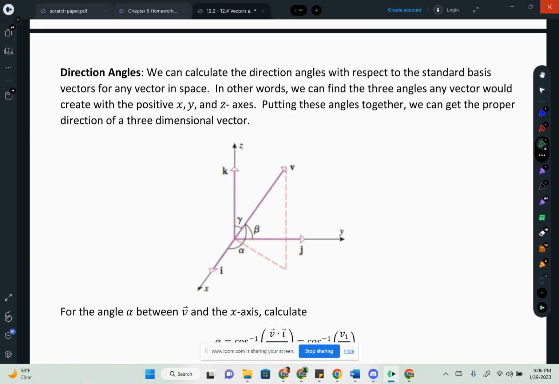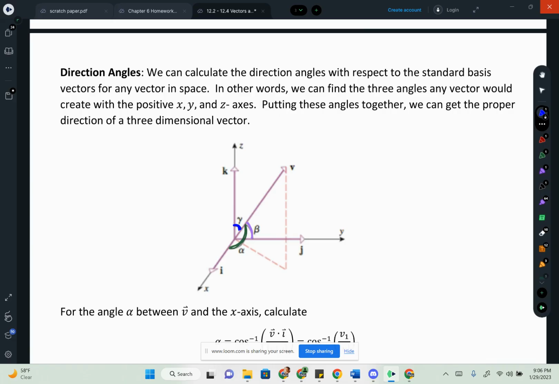But down here in the direction angles, what we're going to be finding is first, like this alpha right here, that is the angle that a vector creates with the positive x-axis. Beta is the angle that a vector makes with the positive y-axis, and gamma is the angle that a vector makes with the positive z-axis.